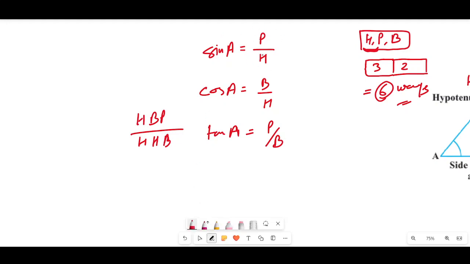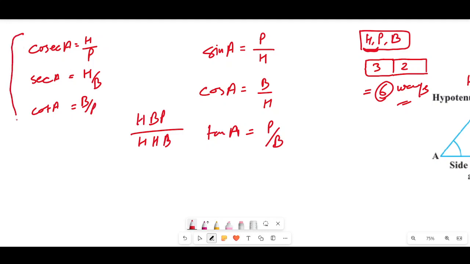In the same manner, if you reverse, that is take the reciprocal, you will get cosec. Cosec A is the symbol of H by P, sec A is the symbol of H by B, and cot A is the symbol of B by P. So we get 3 here, 3 here, which are reversed from the previous 3.